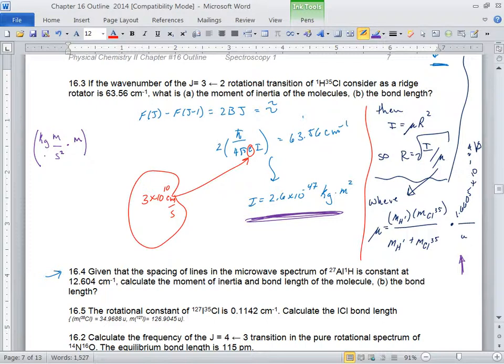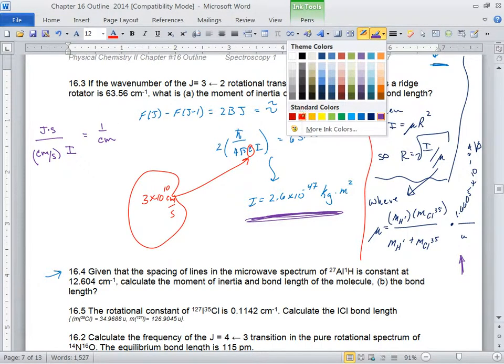I shouldn't skip steps. If I skip steps, I'm going to screw up. Right, h bar is joule seconds. c is centimeters per second. And let's put in what we'll solve for I. That has to equal 1 over centimeters. So my centimeters are gone.